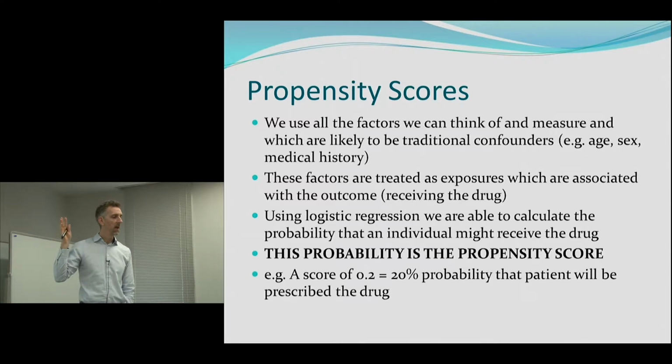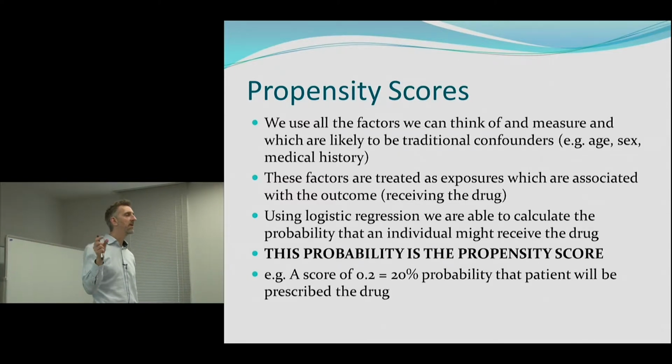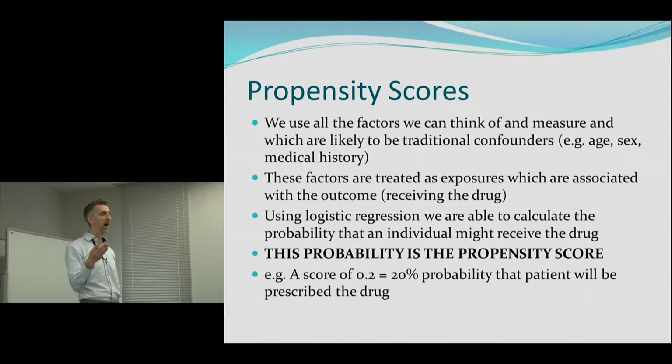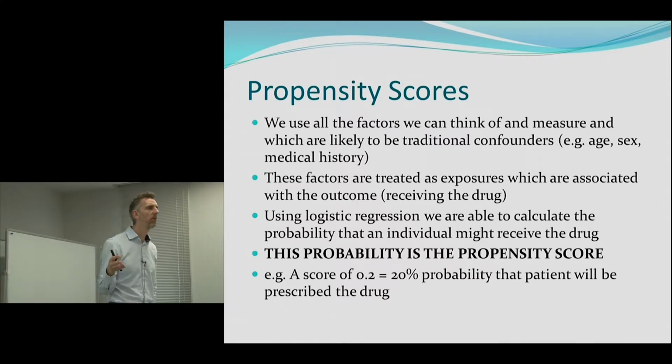So in other words, every patient within the data set who has a propensity score or a probability of 0.2 will have had a 20% chance of being prescribed a statin. Some of them will have genuinely got a statin, and some of them won't. That's just how it works. So if you had a 20% chance, that would mean it's quite a low chance.